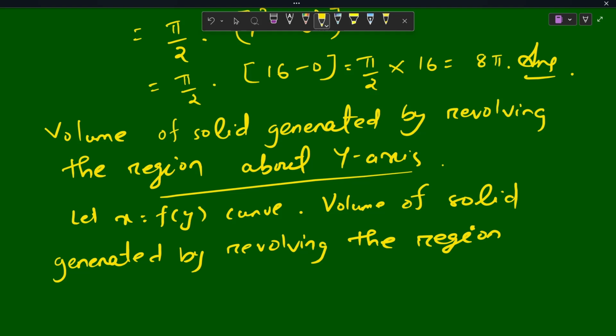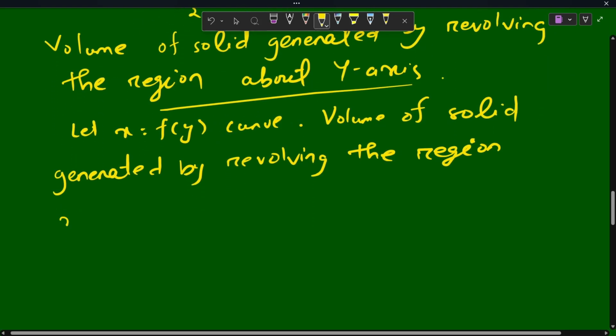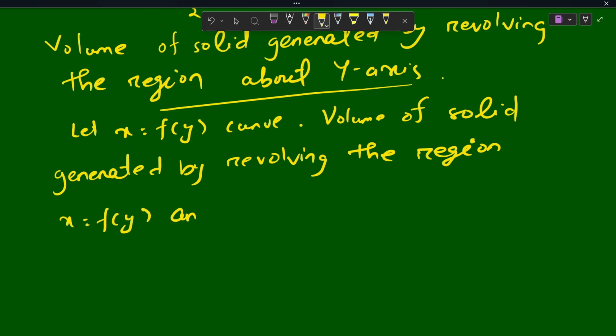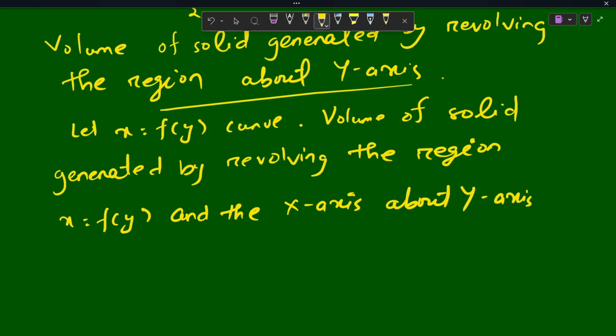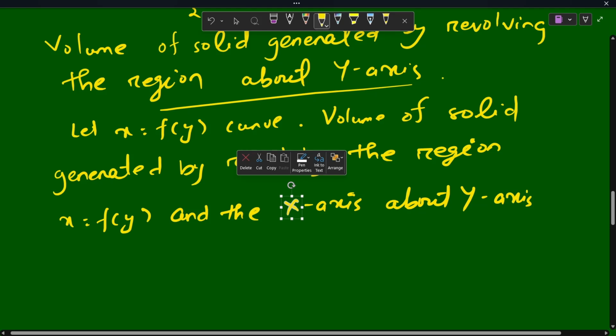So the region is x equal to f of y and the y-axis, and it is revolved about the y-axis.